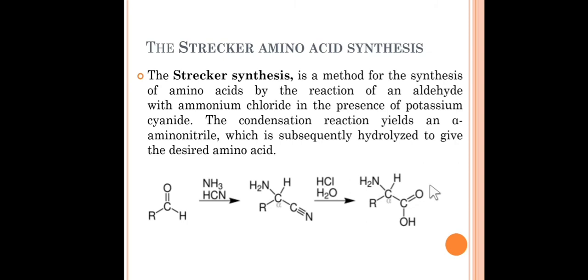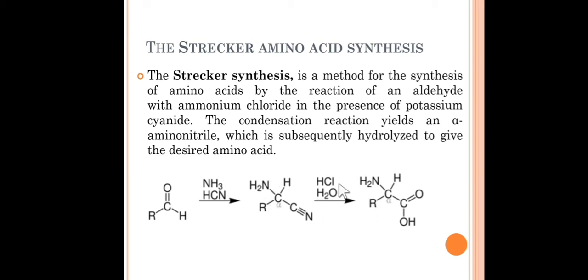The Strecker amino acid synthesis is a method to synthesize amino acids. In this, there is a reaction between an aldehyde and ammonium chloride in the presence of potassium cyanide. That means the formation of imine, and then that imine is attacked by the cyanide ion, and this condensation reaction will yield the amino nitrile.